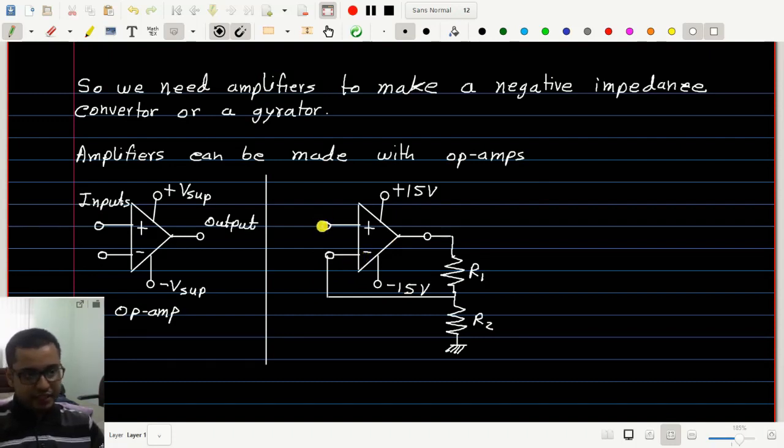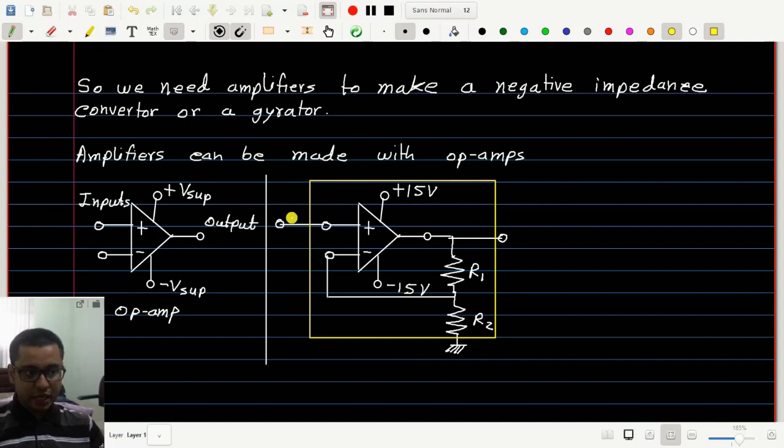And then here you can give input voltage, and here you will get output voltage. This will act as an amplifier, with this terminal being the input of the amplifier and this terminal being the output of the amplifier.